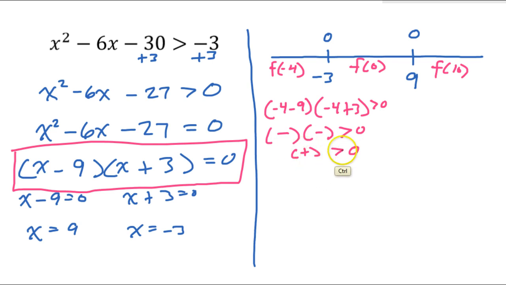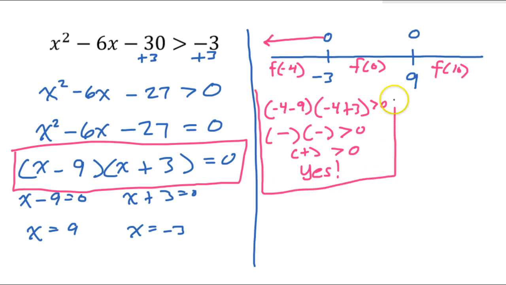It's positive, it's going to be greater than 0. So that means this is a yes. If this is a solution, that means everything in this zone is a solution. So I'm just going to draw this arrow indicating that I have a bunch of solutions right here. So I checked negative 4 and got a yes.